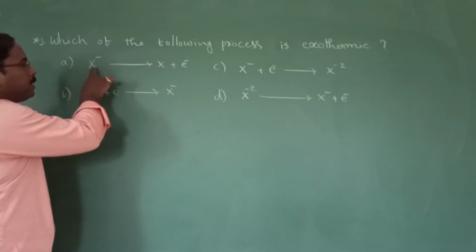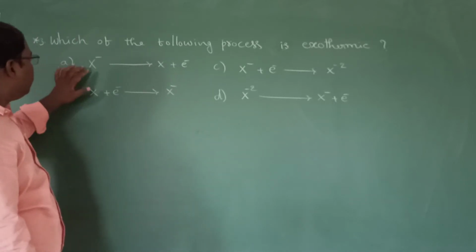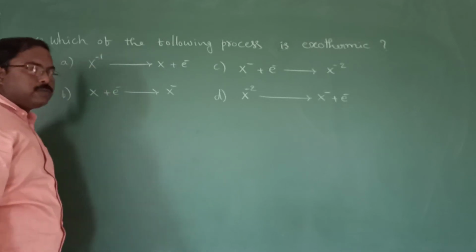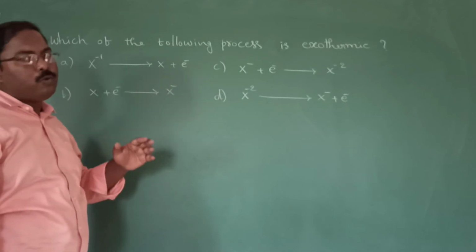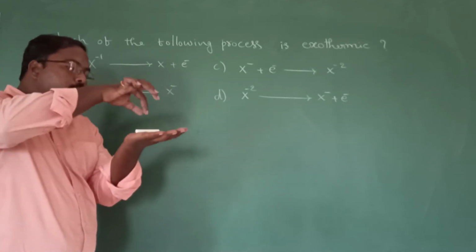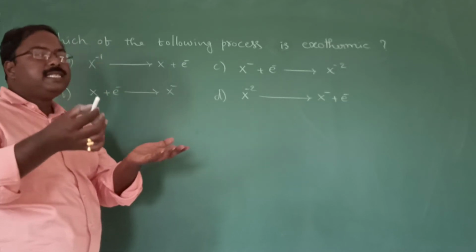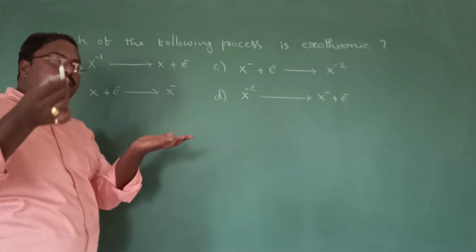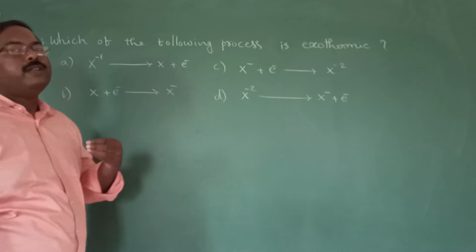Here, from X minus, one electron is removed. Previously its charge is X to the power minus 1, so from that anion, one electron is removed. To remove an electron from any atom or ion, definitely some amount of energy is required.